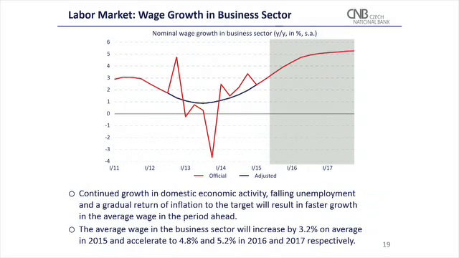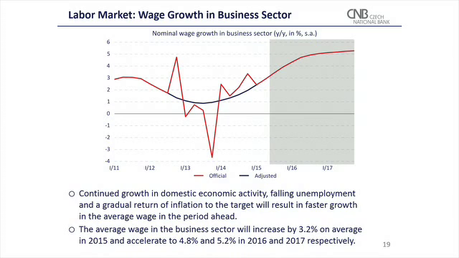Here you can see the related expected speed up in the nominal wage growth in the business sector from slightly more than 3% this year to 4.8% next year and slightly more than 5% in 2017.